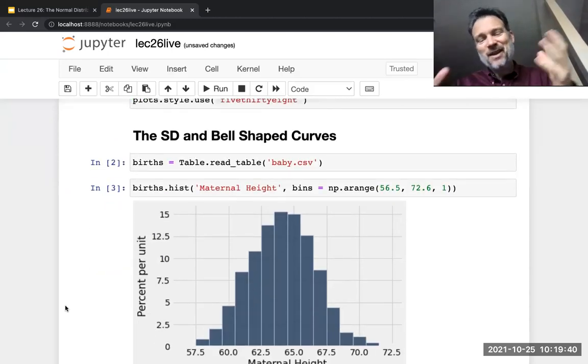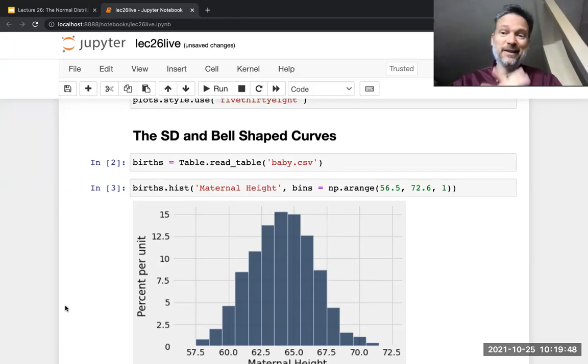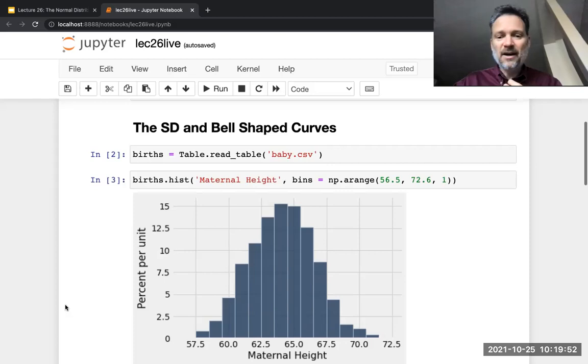So this is reflective probably of the heights of women in general among society, at least of childbearing age. And here you can see a histogram of those heights of all the mothers. Okay, so you can see in the shape of this histogram, it looks kind of like there's a bell curve that could be superimposed on top of this histogram.